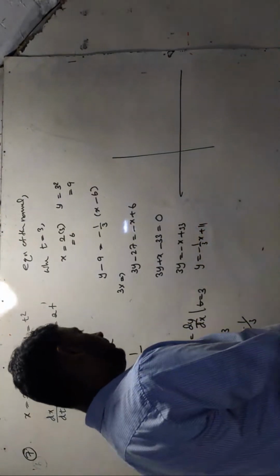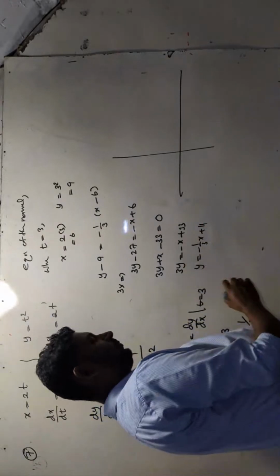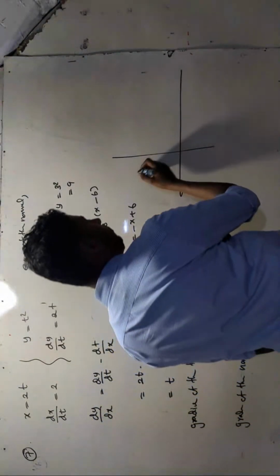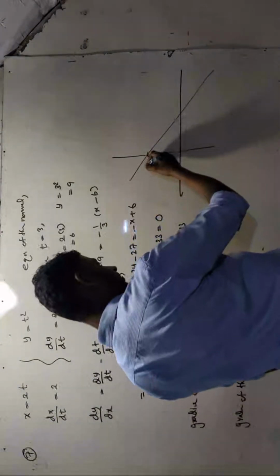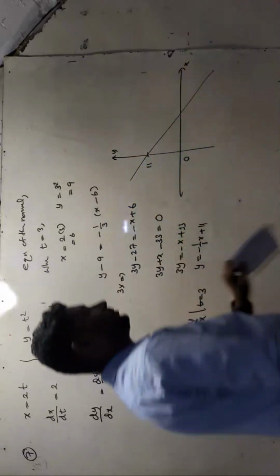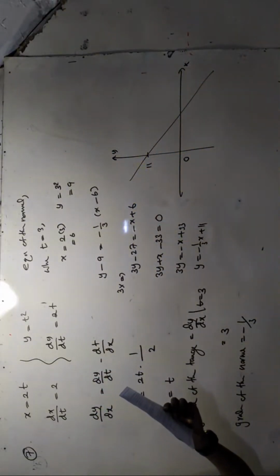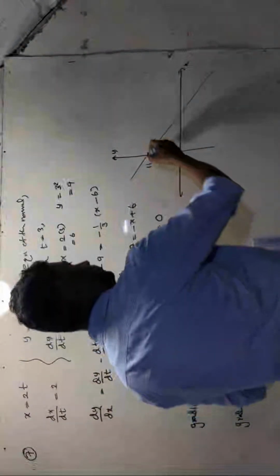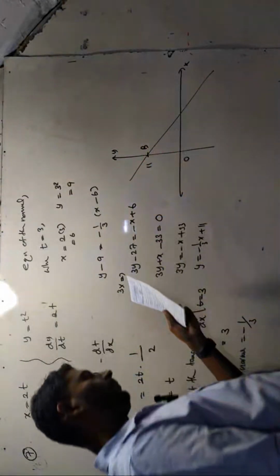If you draw the line, it will have a negative gradient and a positive y-intercept. It will be just like that. This is 11. So this is the y-axis, origin and the x-axis. This normal meets the y-axis at the point B. So this is point B, and this is O.